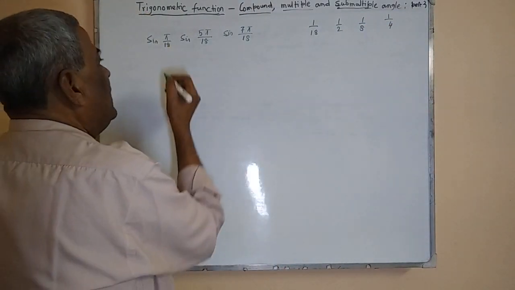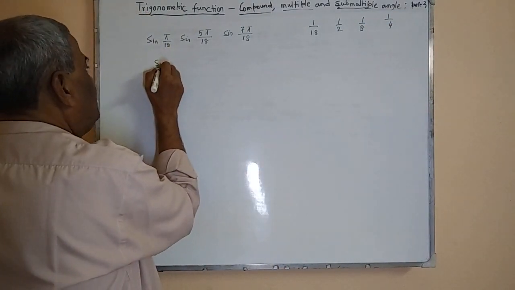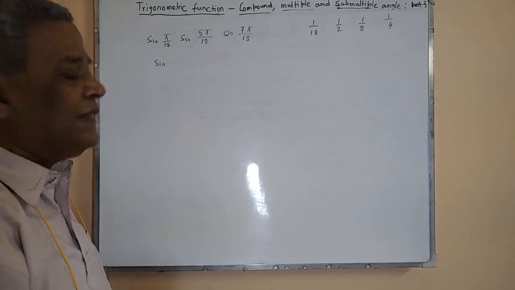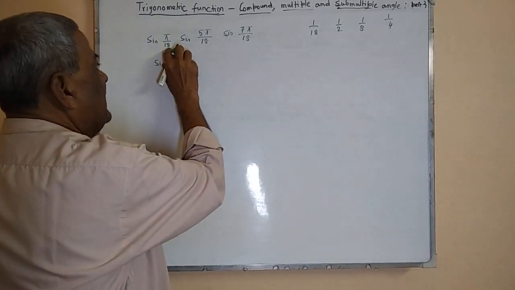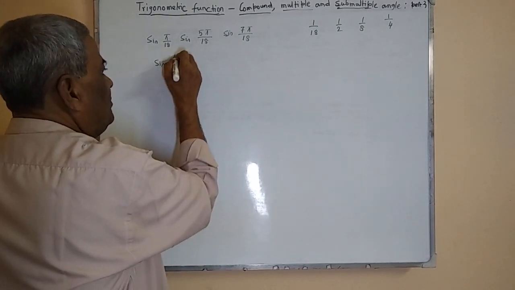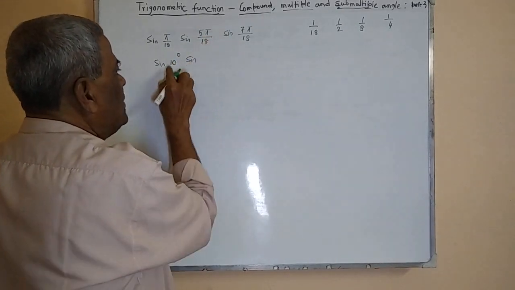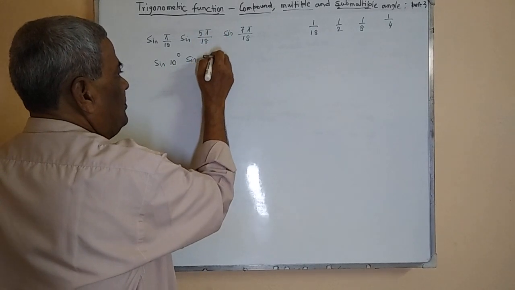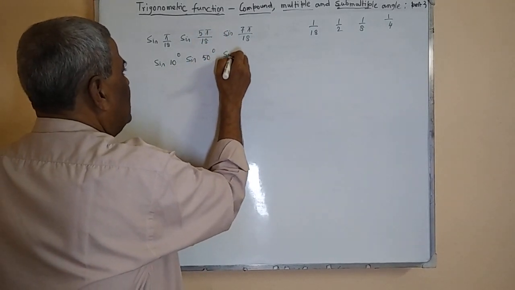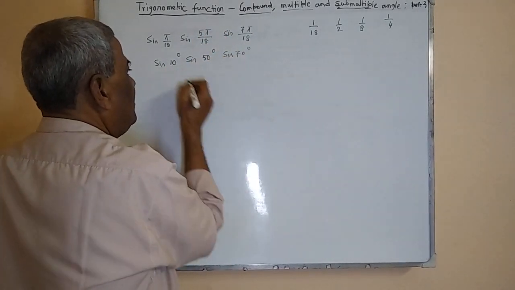Now this is actually equal to sine pi by 18. Pi means 180 degree. 180 degree by 18 is 10 degree. Sine 5 pi by 18 means 50 degree. And this is sine 70 degree.